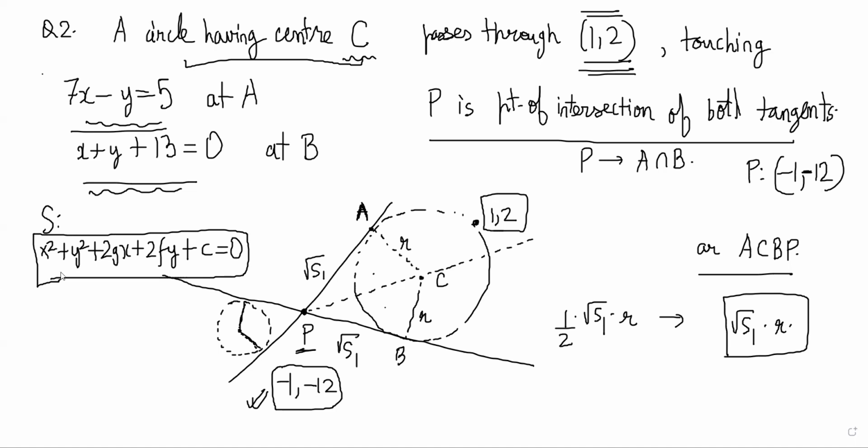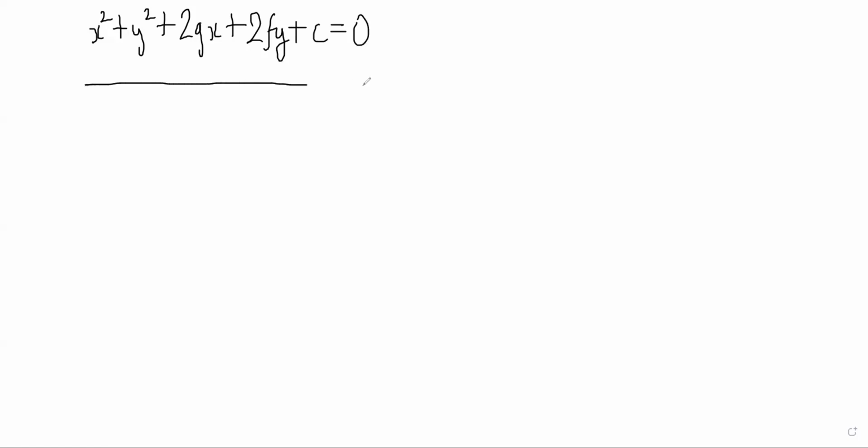This circle passes through 1 comma 2. So 1 comma 2 is the point of tangency for 7x minus y is equal to 5. I just realized.